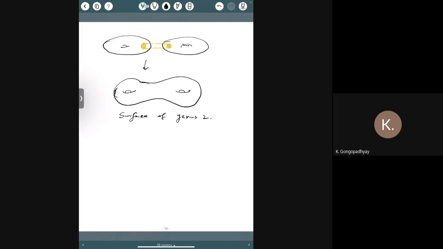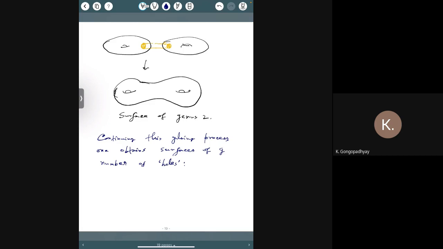Okay, so continuing this gluing process, one obtains surfaces of G number of holes.